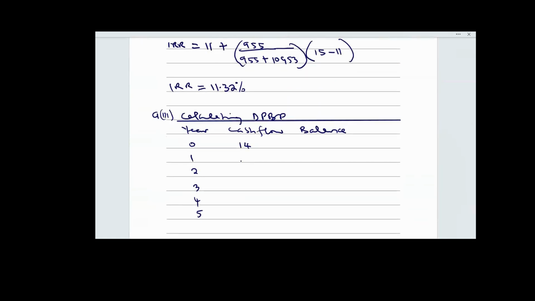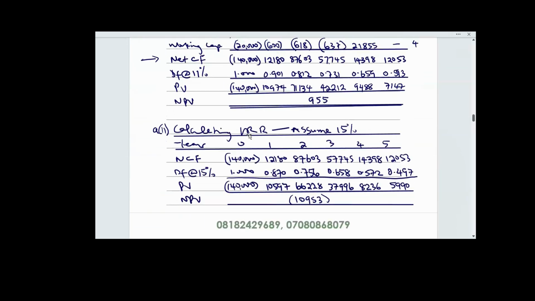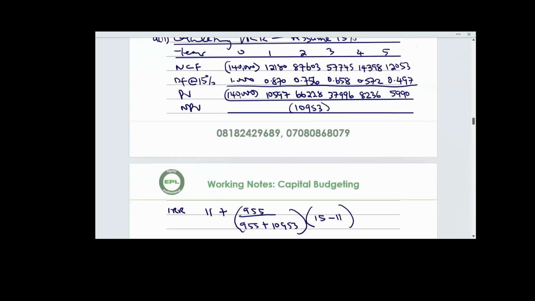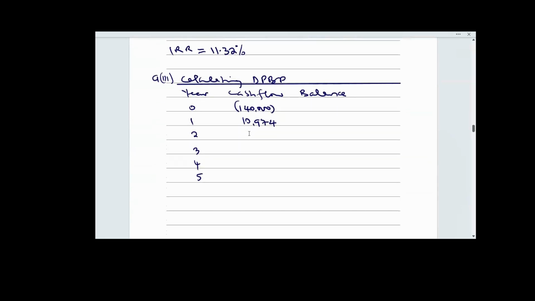Here is 140,000, then 10,974. What about year 2? Present value, 71,134. Year 3, 42,212.